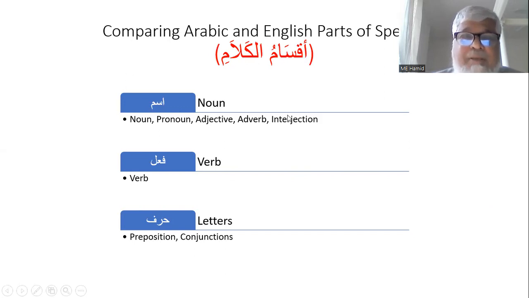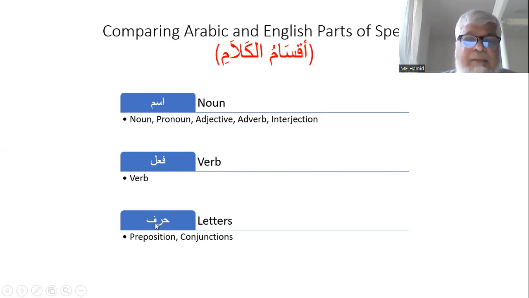But in Arabic, all eight types can be divided into three classes: ism or noun, fi'l or verb, harf or letters. The noun basically covers the English noun, pronoun, adjective, adverb, and interjection; all will be denoted as noun in Arabic.